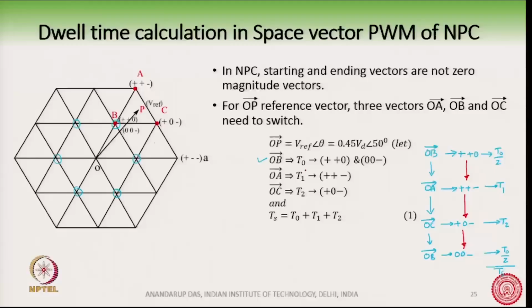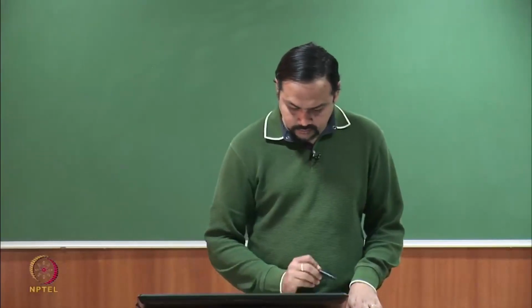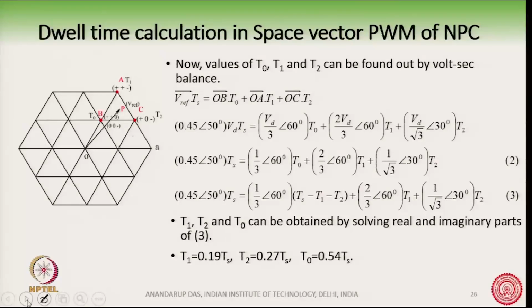Then we can find out the magnitudes of T0, T1, T2 by again doing a volt second balance, which we have shown here in this diagram. So we can find out exactly for how much duration of time the vectors at B, C and A locations need to be switched on. For that, T0, T1, T2 can be found out by saying that Vref into Ts time period is OB into T0 plus OA into T1 and OC into T2.